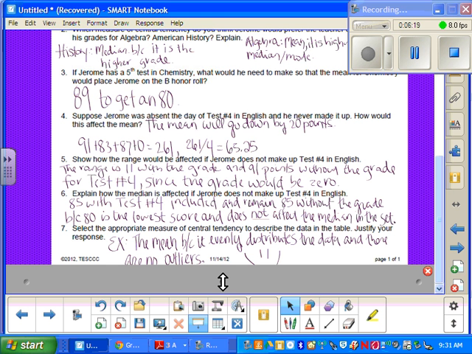Question number 7. Select the appropriate measure of central tendency to describe the data in the table and justify your answer. And our example was the mean because it evenly distributes the data and there are no outliers.